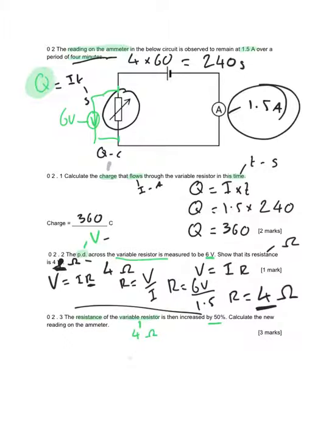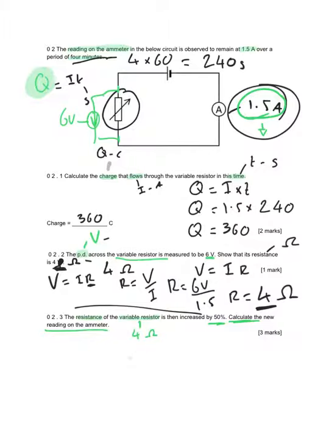Now it's asking us to calculate the new reading on the ammeter. So if we increase the resistance, there's going to be a different reading on the ammeter. That suggests to me, before I do any working out, that if the resistance is going to increase, then this number here, the current, is going to decrease. So I'm looking in my head for a number that is going to be less than 1.5.